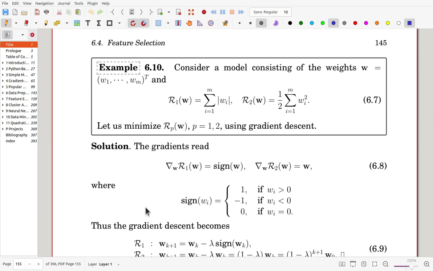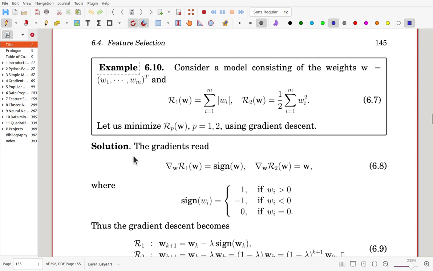Consider a model consisting of the weight W, and R1 and R2. R1 is the L1 norm regularization term, and R2 is the L2 norm penalty term. Now, we may assume that this is an objective function, and this is another objective function. To see the effect of this penalty term, we momentarily ignore the original cost function.